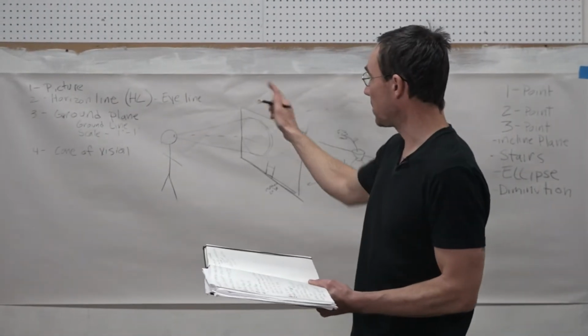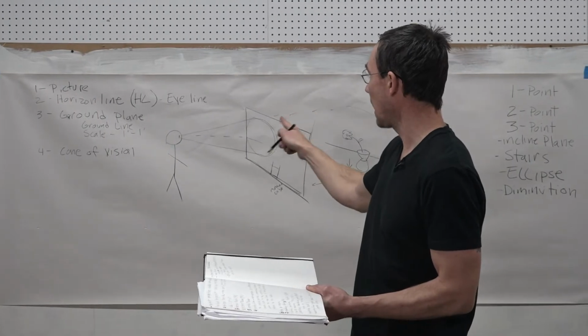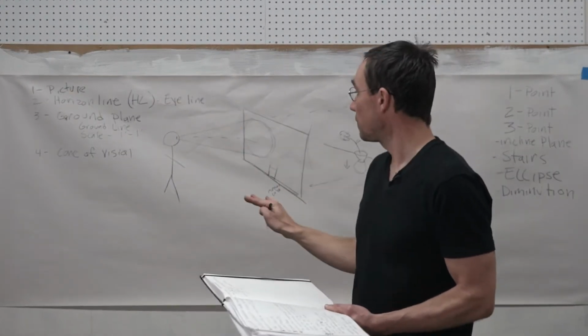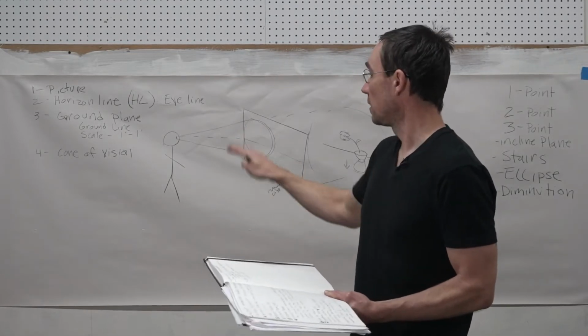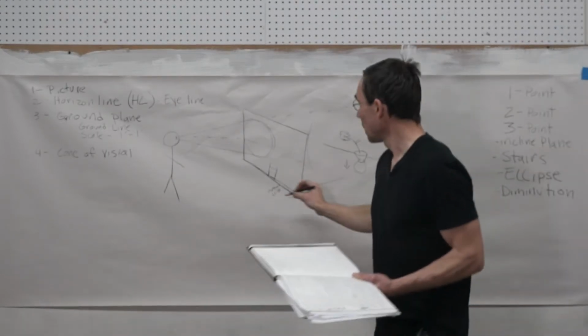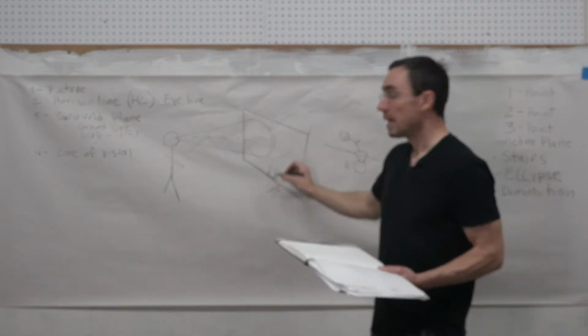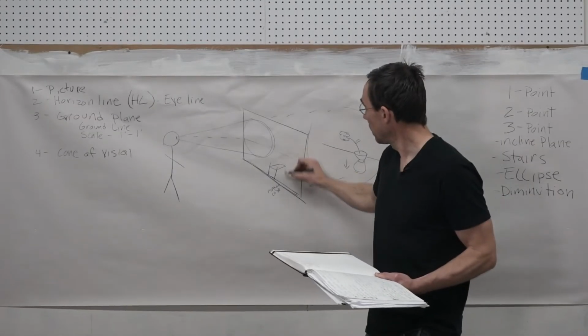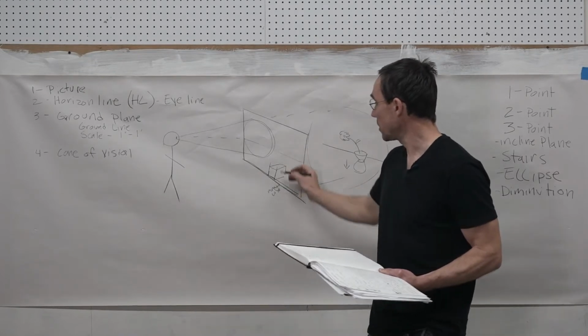So we've gone over picture plane, horizon line, eye line, ground plane, ground line, we've touched a little bit on scale, we've touched on cone of vision. Let's go back to that mother cube. If that is really a cube, then we're going to have that 3 dimensions.